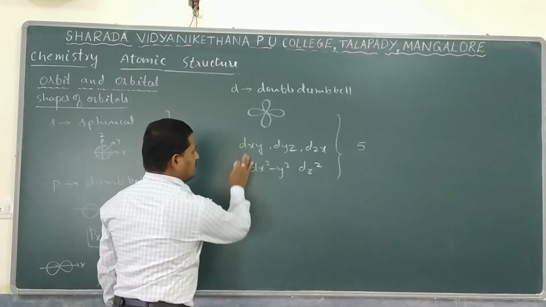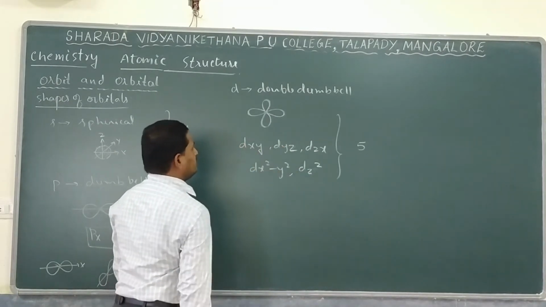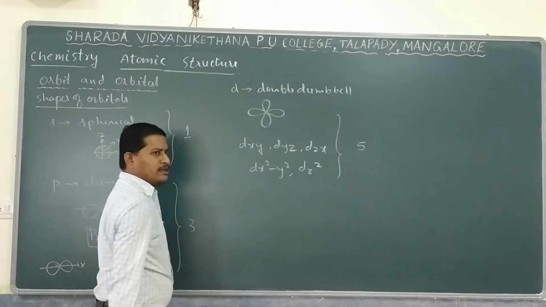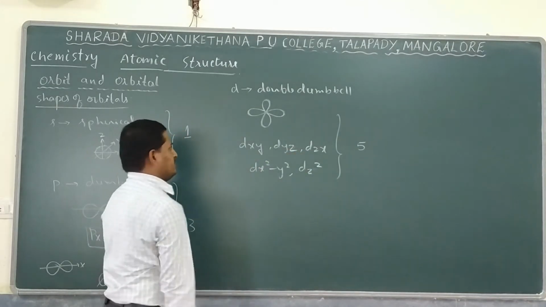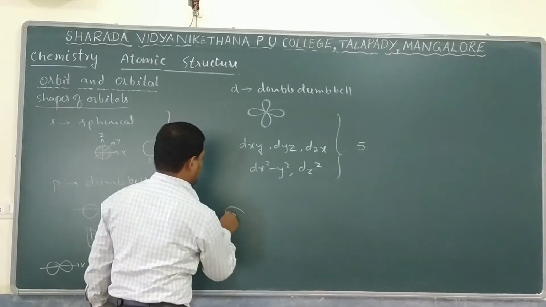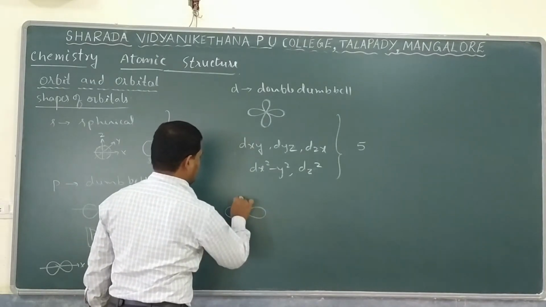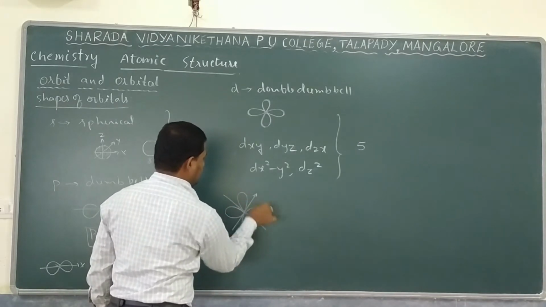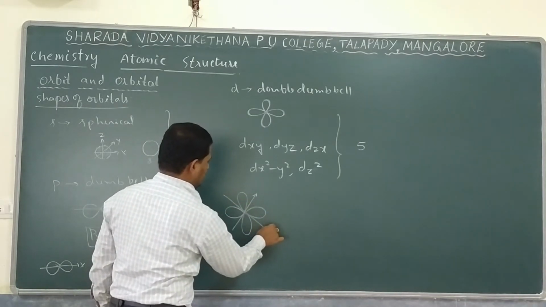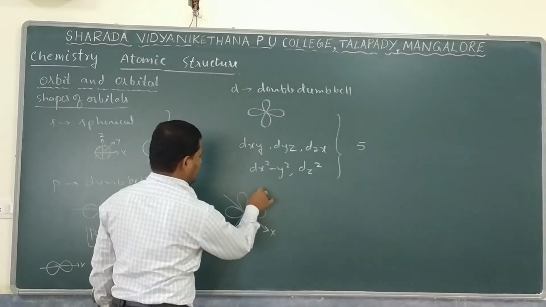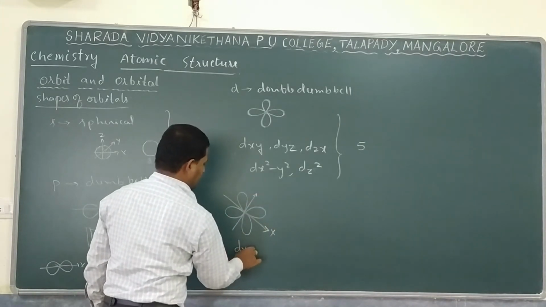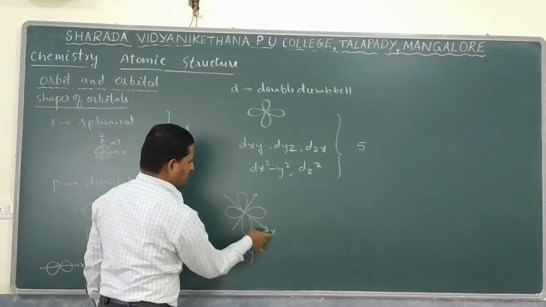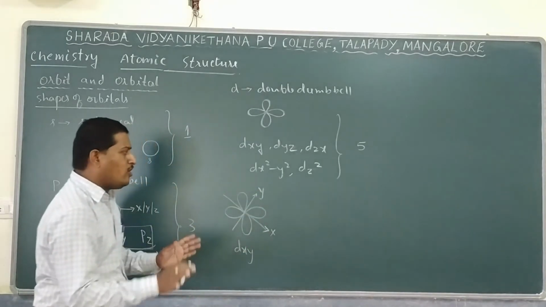Out of these 5 d orbitals, dxy, dyz and dzx, the first 3 have lobes present between axes. What is the meaning of that? This is one dumbbell, this is another dumbbell. In case of dxy, the dumbbells are present between the x and y axis, not along the axis.